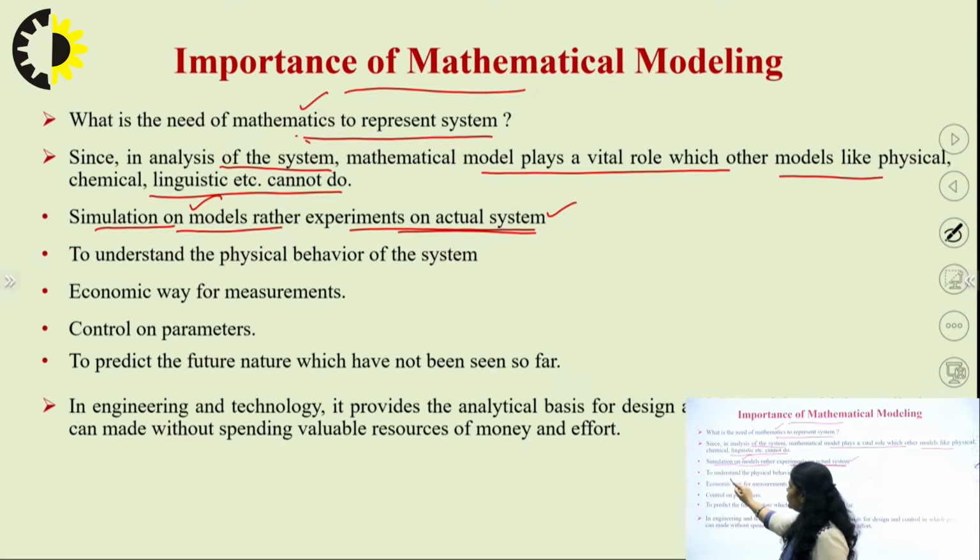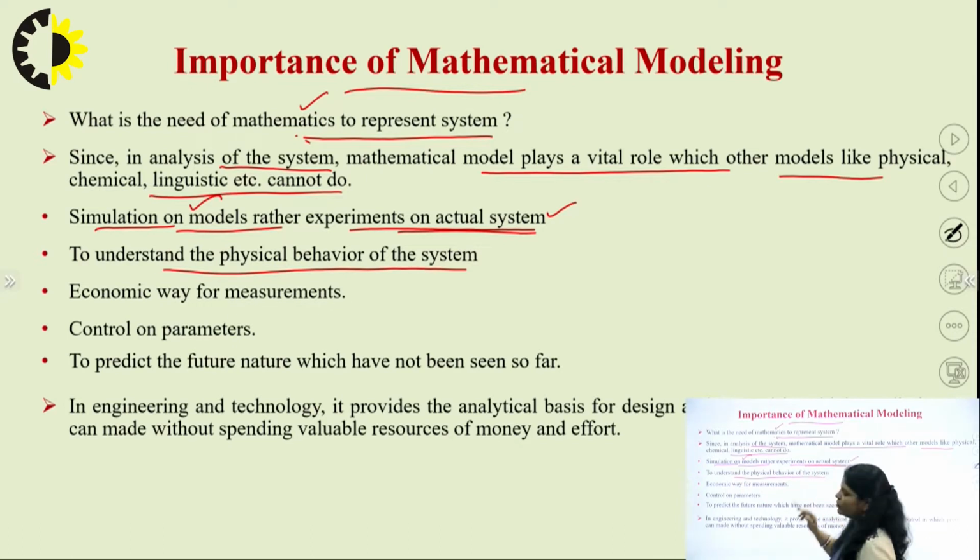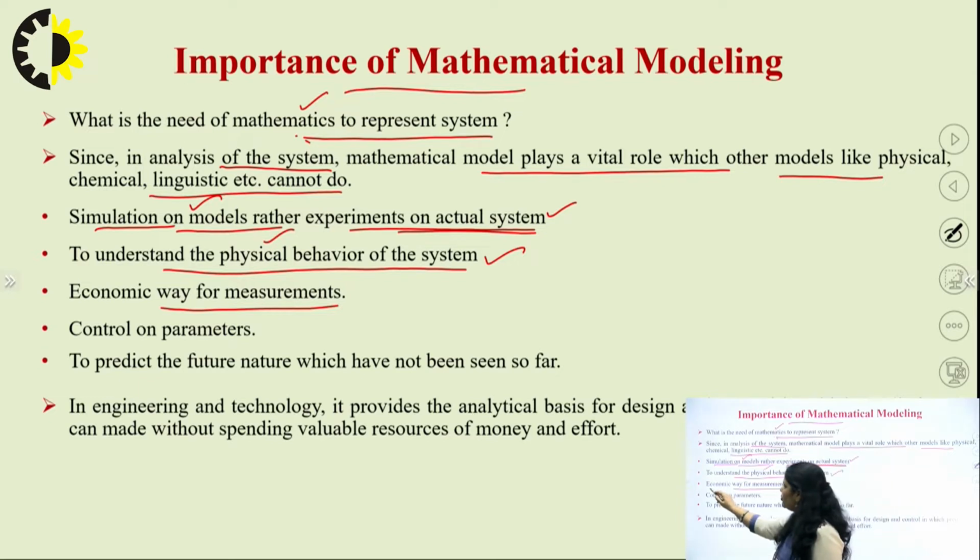If we want to understand the physical behavior of the system, how the system will behave, then we can use the mathematical model. If we want to do measurements, it is the economic way.